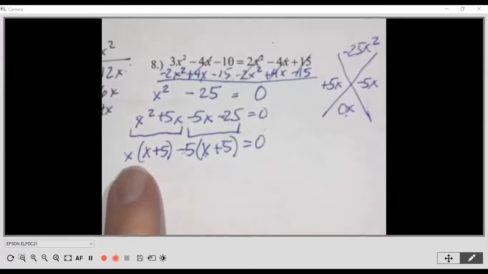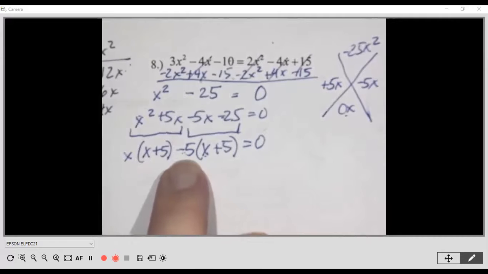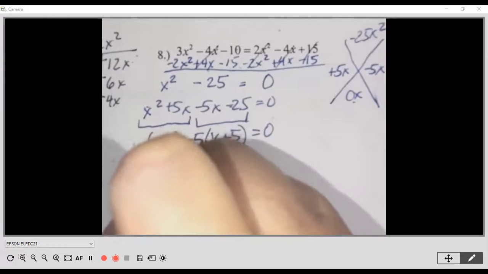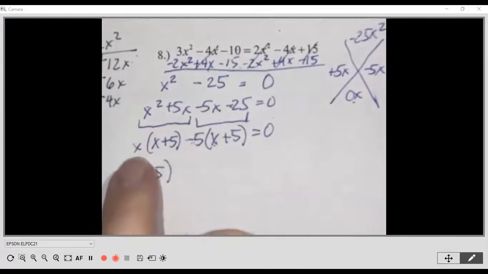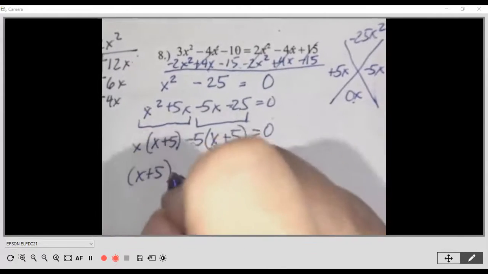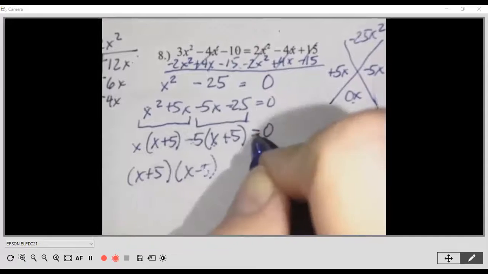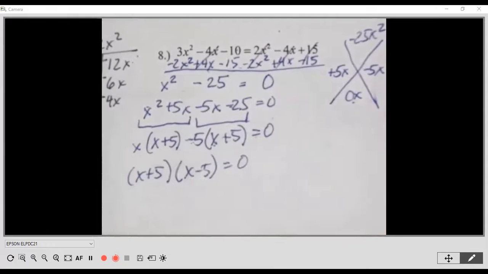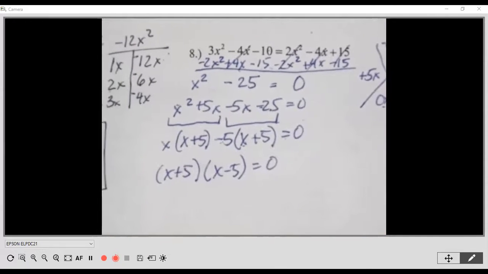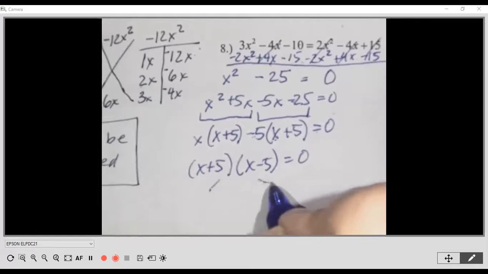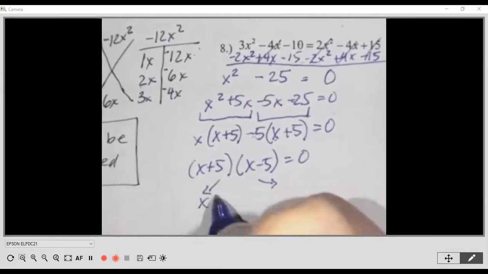Okay, now here's our first term, x times the quantity x plus 5. Here's our second term, negative 5 times the quantity x plus 5. They obviously have in common the quantity x plus 5, so we'll factor that out. That leaves us with the quantity x minus 5. Bring down the equals 0. Then we use the zero product property to set these both equal to 0.